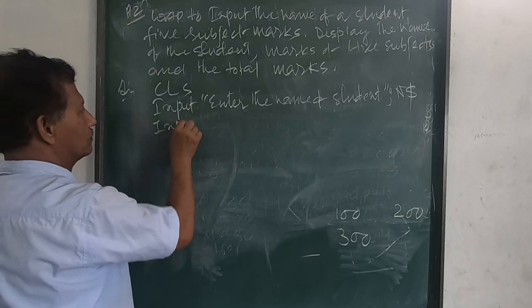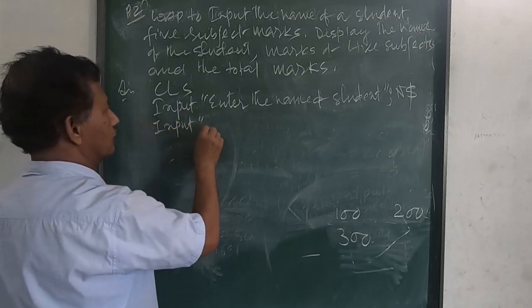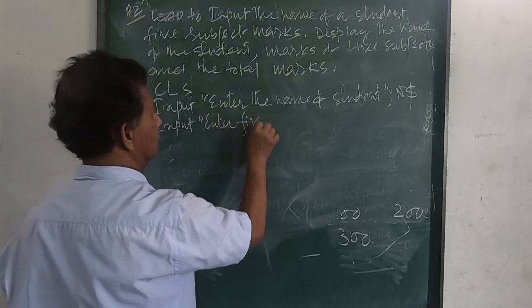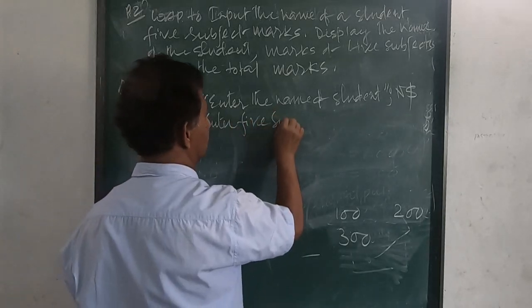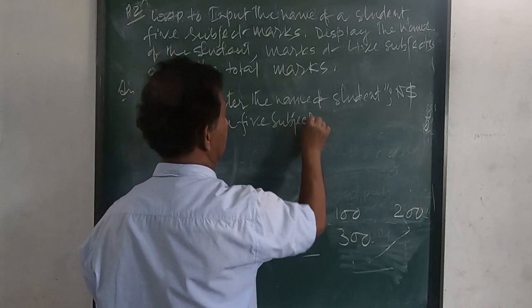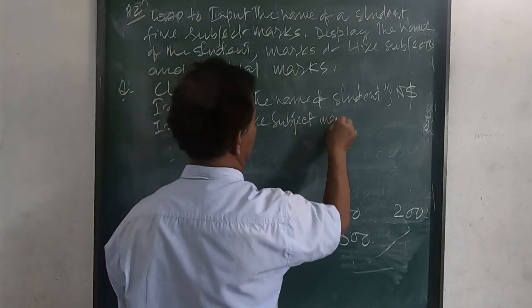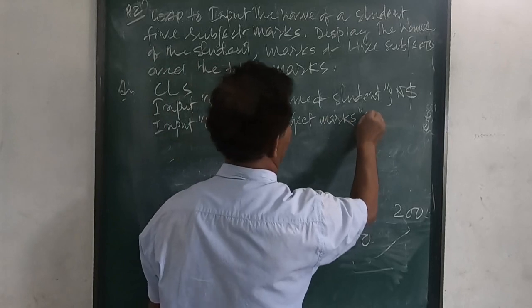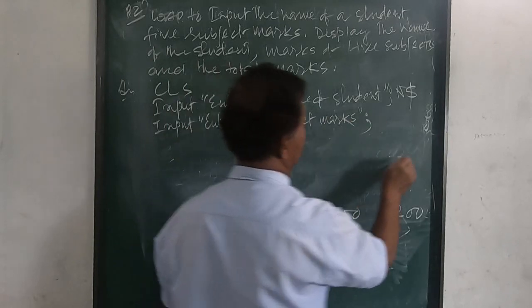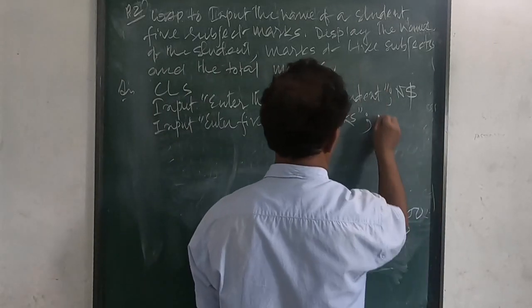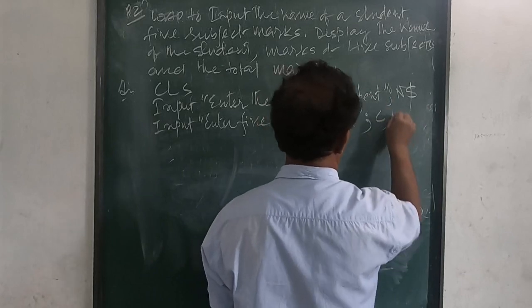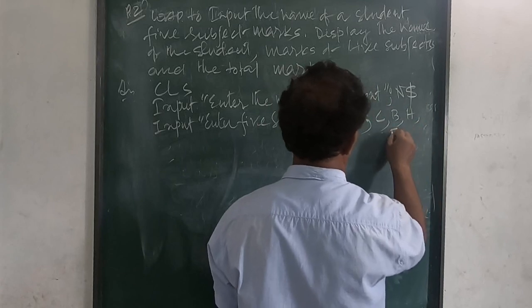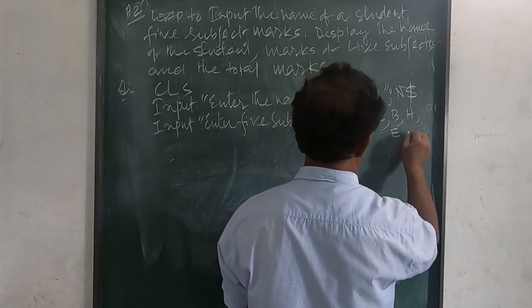Input, enter 5 subject marks. Suppose C for computer, B for biology, H for history, E for English, and M for maths.